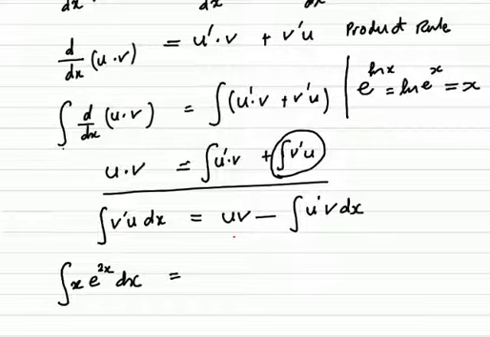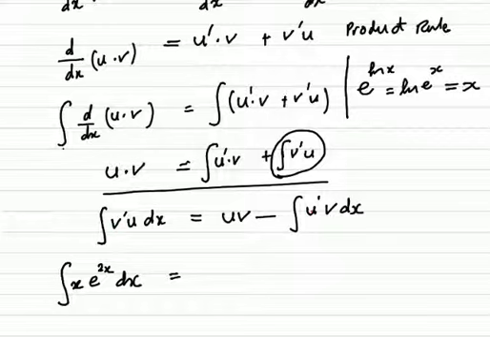So according to this formula, I have to declare one of my functions under the integral sign as a function which has already been differentiated, and another function as a u which has not been differentiated. Now if I cross the equal sign, I think you can see that I still need my u, and I need a v, but a v can only come from its derivative by the process of integration.